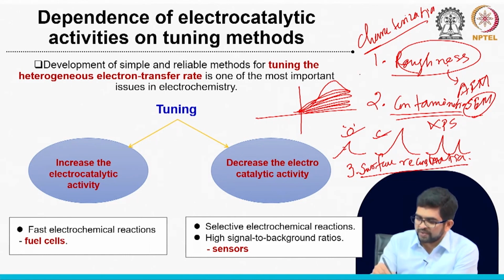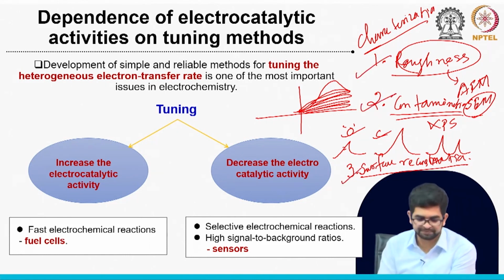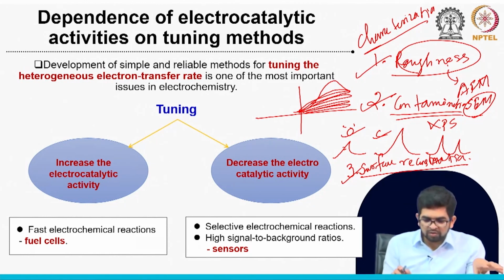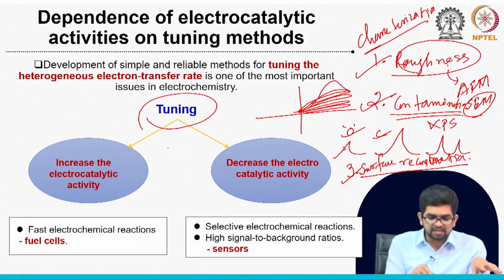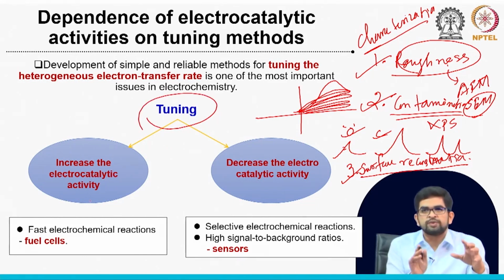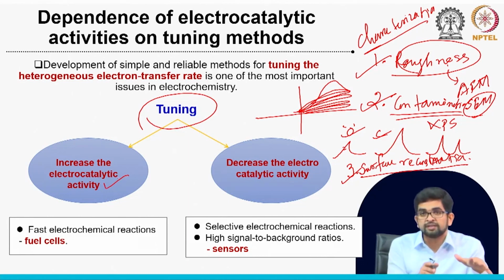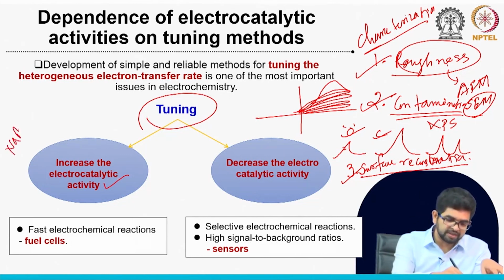Okay, so surface roughness, contaminations, and surface reconstruction. Like this way you can explain. Now, I can summarize the tuning effect. There are two kinds of tuning that can be done: one is to increase the catalytic activity and the other is to decrease the electrocatalytic activity, right? The increase can be done, as I told you, by electrochemical treatment, like sodium borohydride treatment, anodic treatment, cathodic treatment.